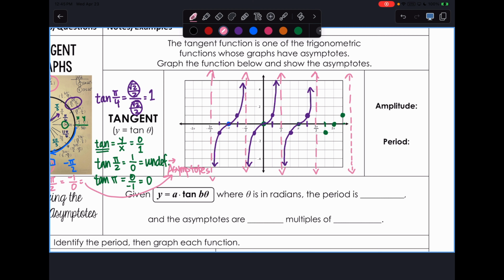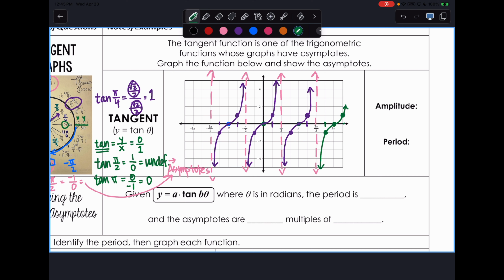But we can't graph that. It's not there. So what you're going to do is just do that for the right side. And then on the left side, you could extend it further. So you really wouldn't have this. Does that make sense? Why we're not doing that?